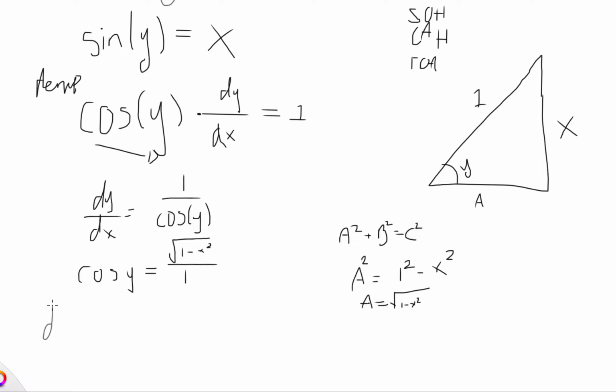So now we know that dy dx ends up equaling 1 over cosine of y, but we know cosine of y is this. So the derivative of sine inverse or arcsine is 1 over the square root of 1 minus x squared. And that's your answer. Hope I helped you.